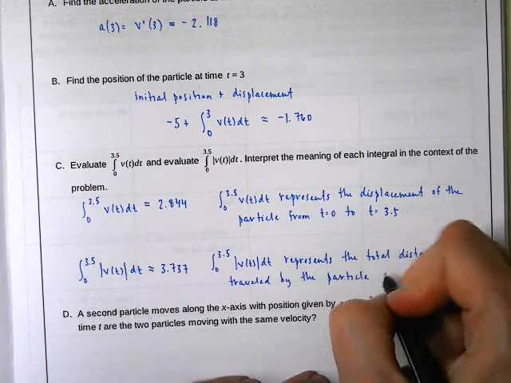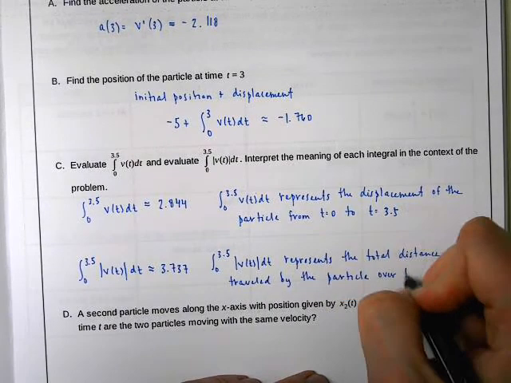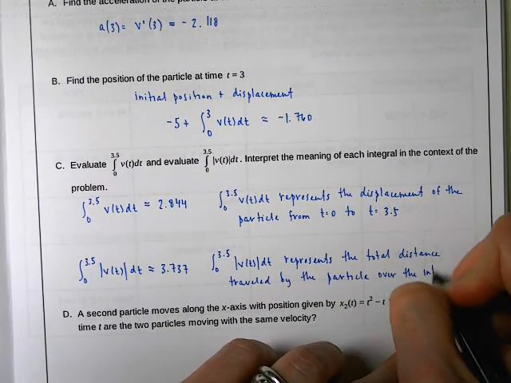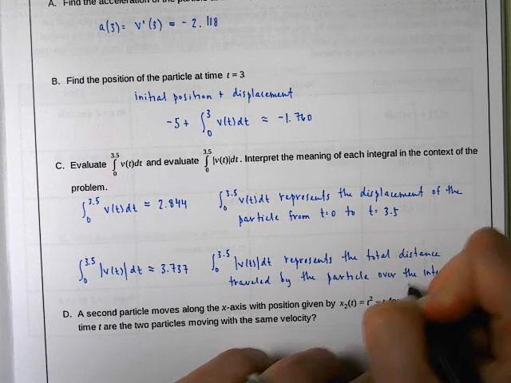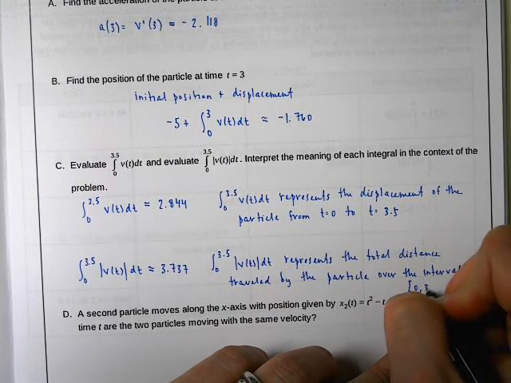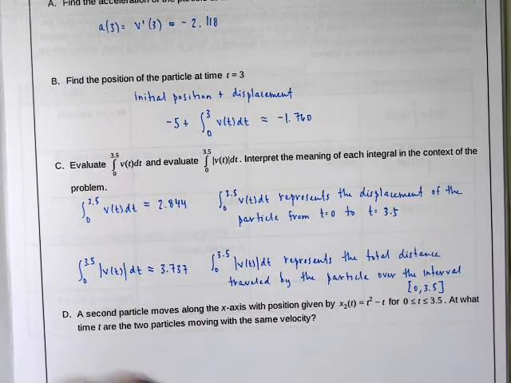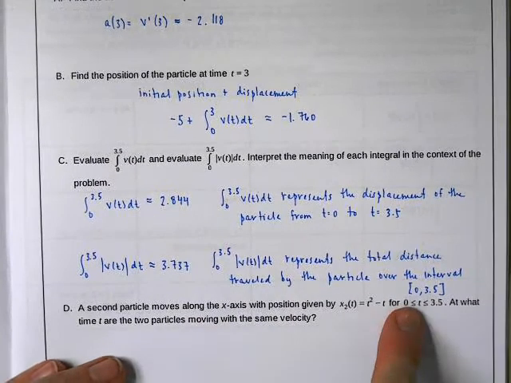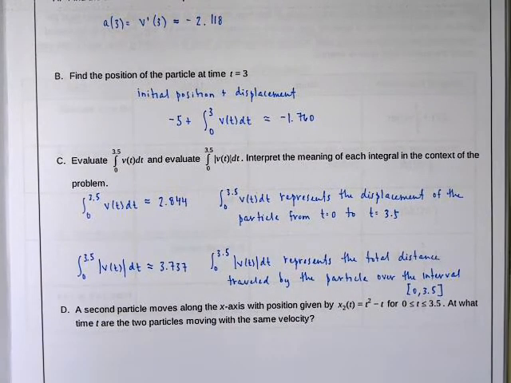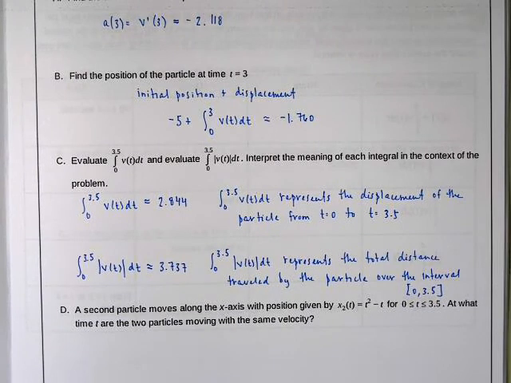And I could say over the interval from 0 to 3.5. Now, I only changed how I said the interval because all of those are acceptable. You can find the way that makes the most sense to you, but they all mean the same thing and would be acceptable explanations in terms of conveying that interval.